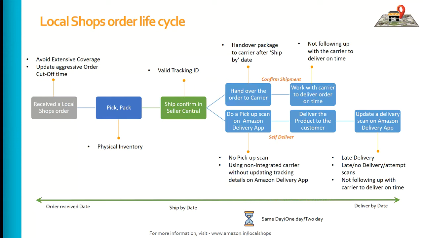That's something you must really avoid, DSPs, because handing the package over to courier partners after the ship by date is one of the common mistakes. We'll be covering that towards the end. Going forward, the next step would be working with your carrier partner to deliver the order on time. So that's the flow once you are using a third party courier partner.